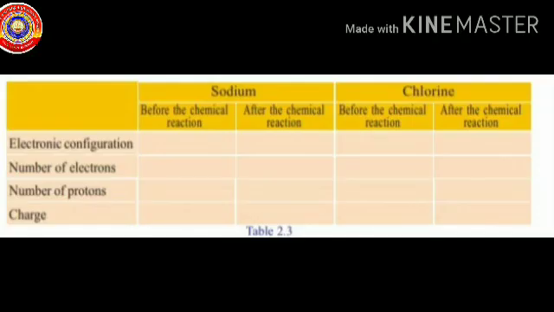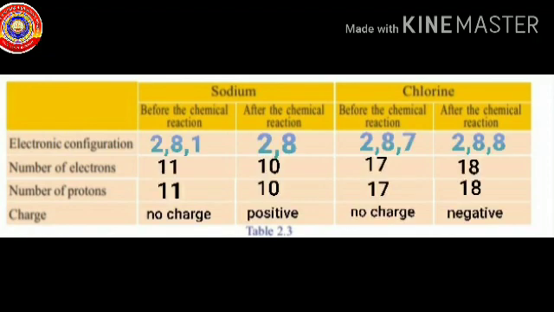Now see this table. You have to write the electronic configuration, number of electrons, protons and charge of sodium and chlorine before and after the chemical reaction. The table showing the answer is given here. The configuration of sodium is 2,8,1 before the reaction and after the reaction it becomes 2,8.